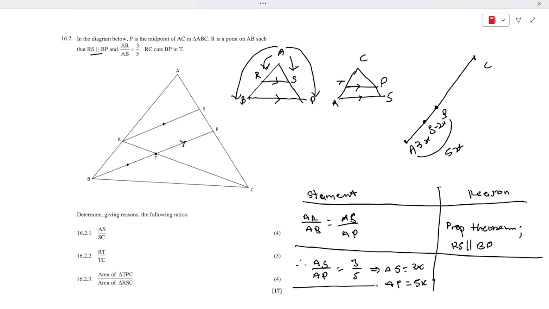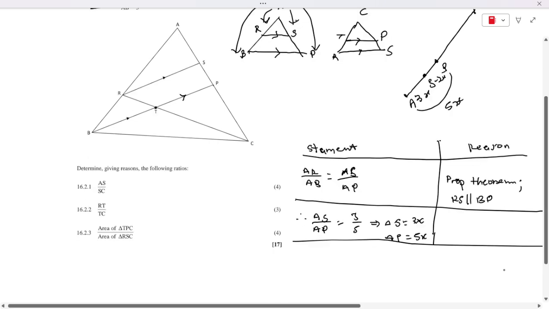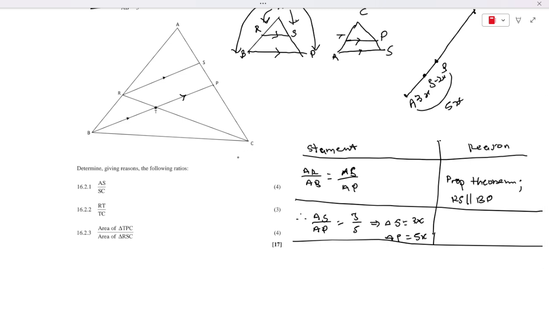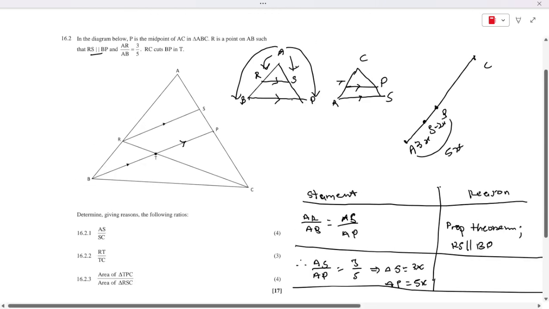Alright, then the next thing that I do is, okay, where do I find PC? I don't want to really move too much so that I don't cover the item. So we have CP over there.